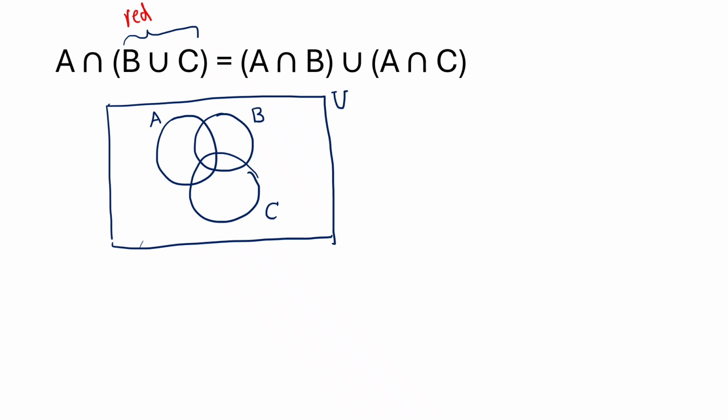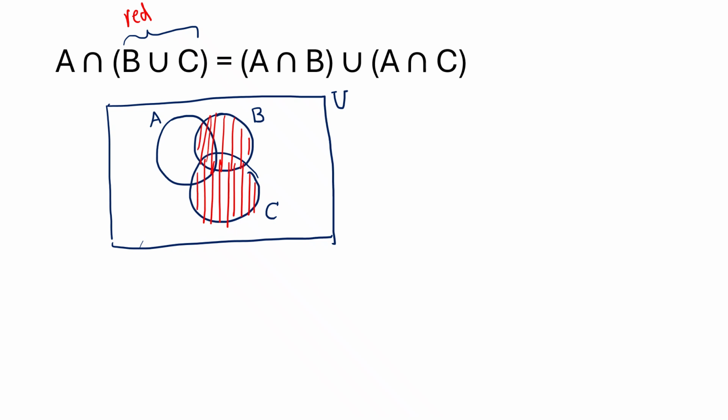So B union C is everywhere inside of B plus everywhere inside of C. That's union for you. B union C.